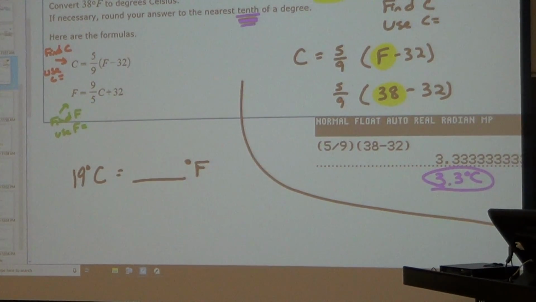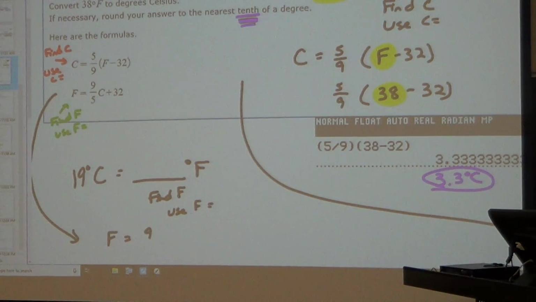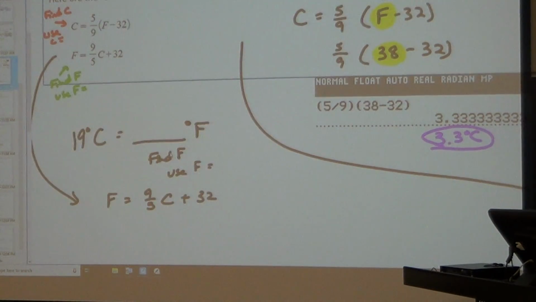Because we're trying to find F, we are going to use F equals. So here's my F equals formula: F equals 9/5 C plus 32. What am I going to plug in for C? 19. So it's going to be 9/5 times 19 plus 32.